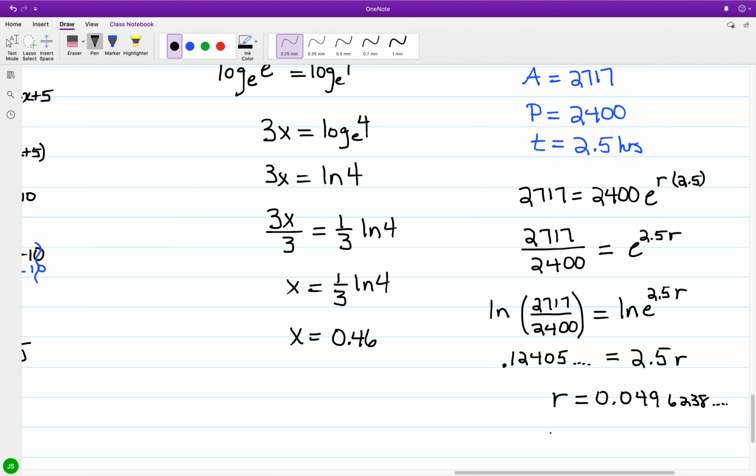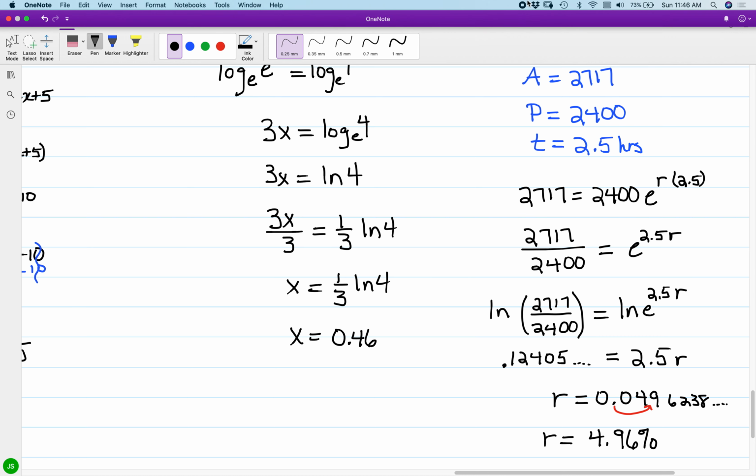And writing as a percentage and rounding to the nearest hundredth, going from decimal to percent, I'm moving 2 places over. For the rate, we have 4 point, and to the nearest 2 decimal places within the percent, we have 9, 6, and the 2 indicates that we're going to round down, so the rate is going to be 4.96%. And that's going to be your percentage regarding the rate of growth.